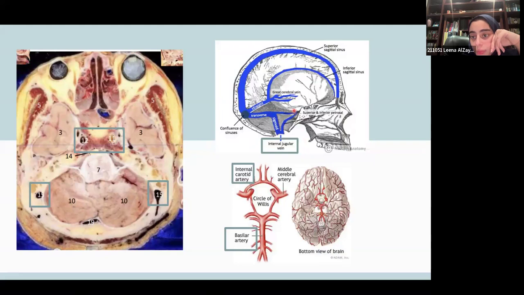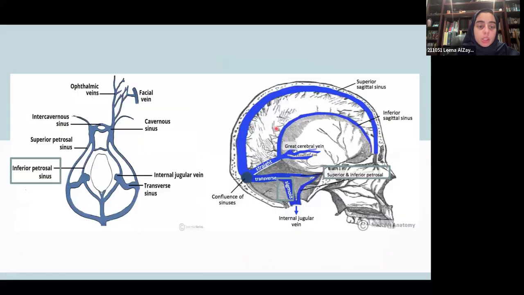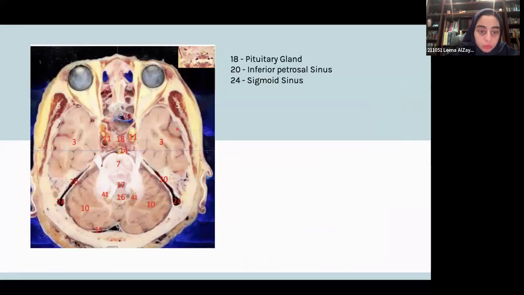Over here, the inferior petrosal takes things from here and drains it to the sigmoid. So actually they meet up in the middle. If you really think about it, the flow is going from here and then draining to the sigmoid at 24. So you're going from the inferior petrosal sinus and draining at the sigmoid sinus.